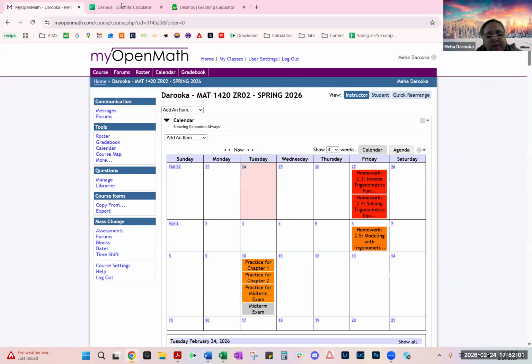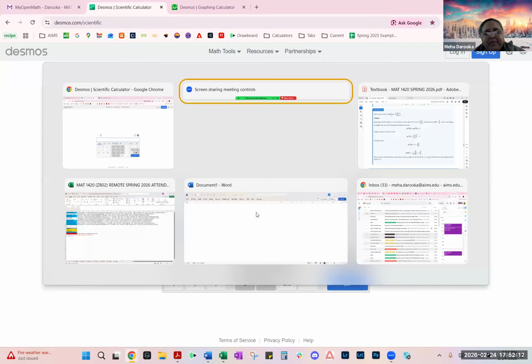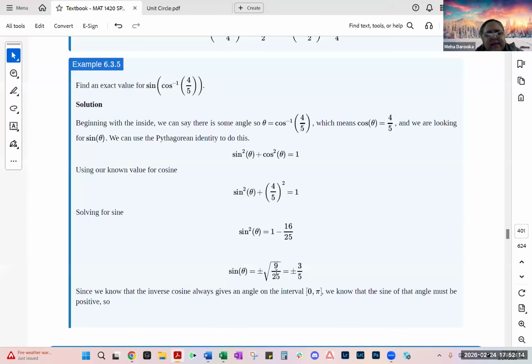So we can come here and we can do 1 minus 16 over 25. We want to keep it in a fraction form. So you can see that comes out to be 9 over 25. So now, again, if you have sine squared of theta being equal to 9 over 25, well, we want to get sine by itself.